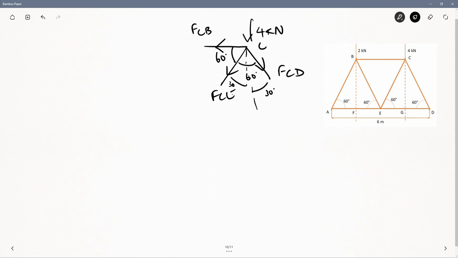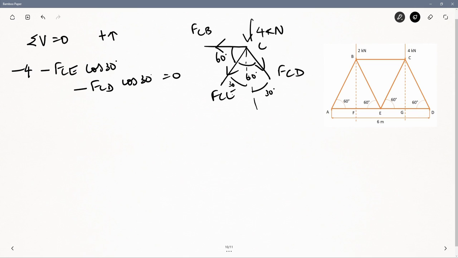So I'll use the equilibrium equation: summation of all vertical forces equal to 0, with all the vertical forces acting upwards to be positive. So that would be minus 4 minus FCE cos 30 minus FCD cos 30 equal to 0. My unknown is FCE, so I retain it on the left hand side, equal to 4 plus FCD cos 30.